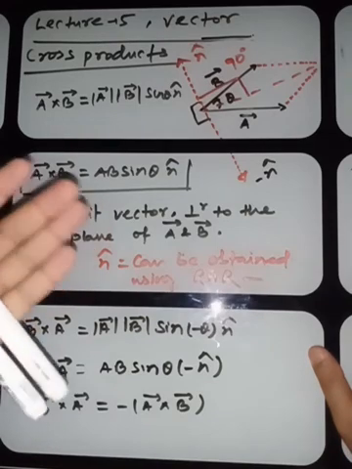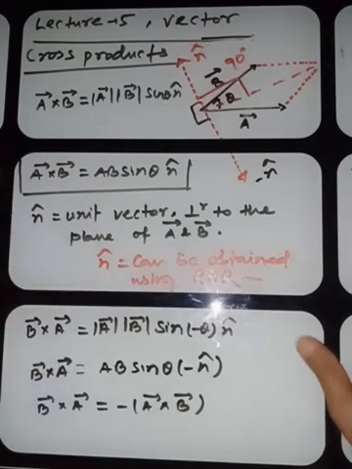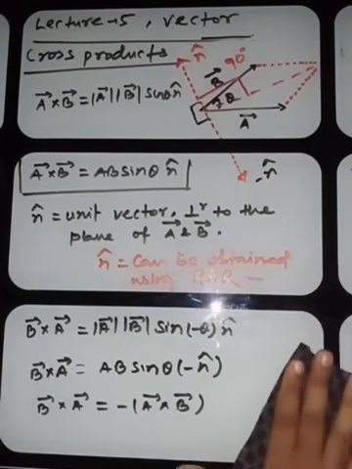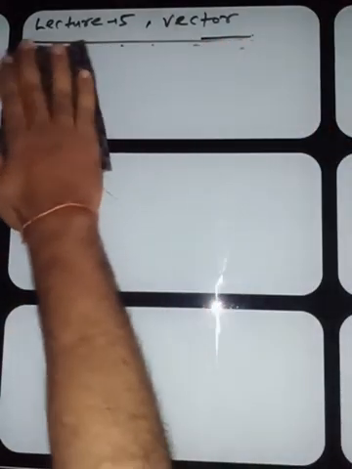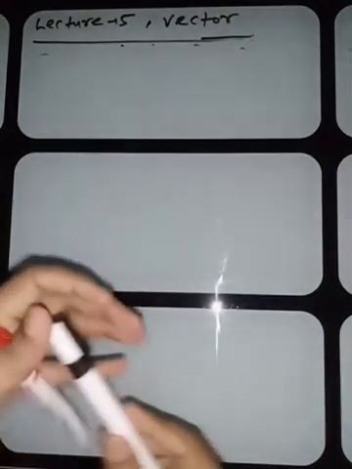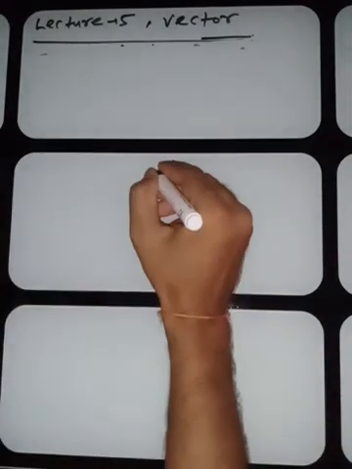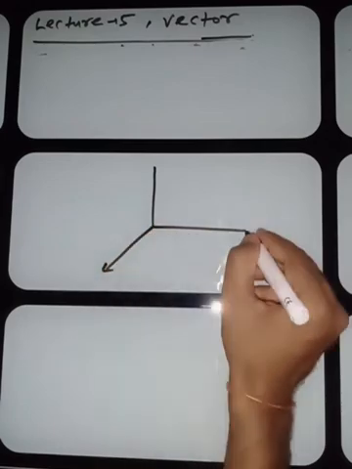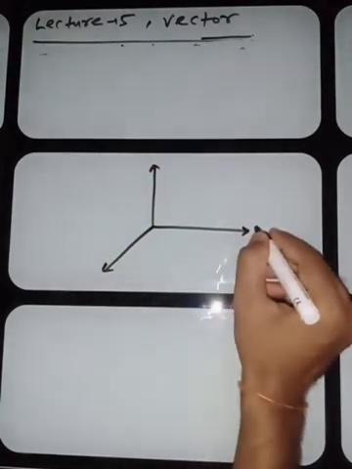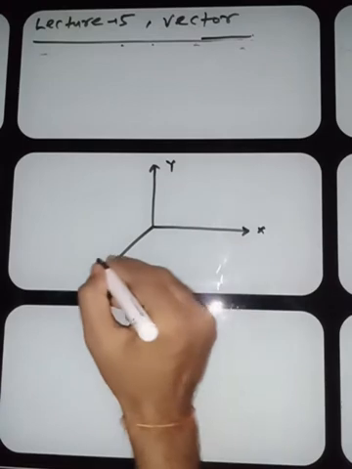We will discuss a few examples to understand this direction of n cap. Suppose, my dear students, I draw the axes x, y, z.